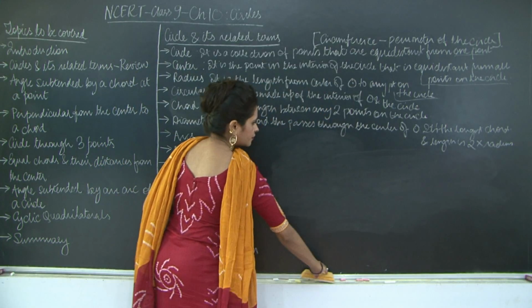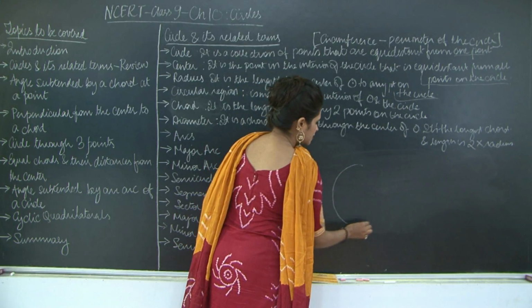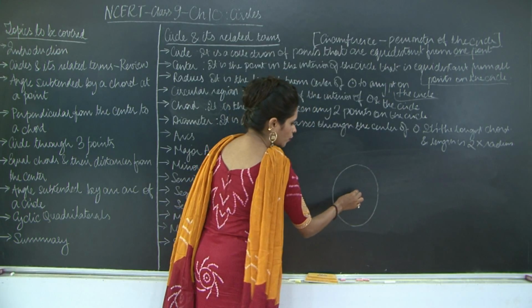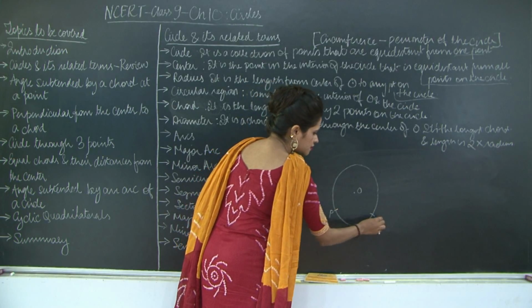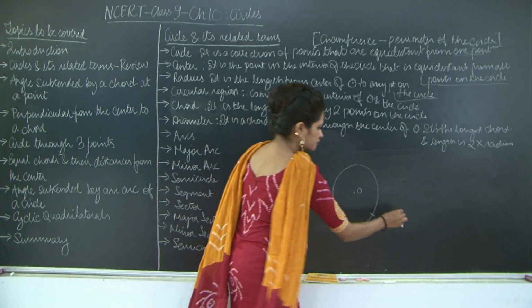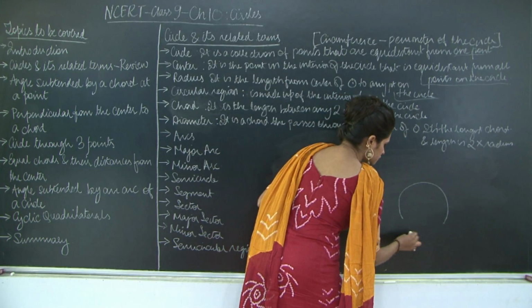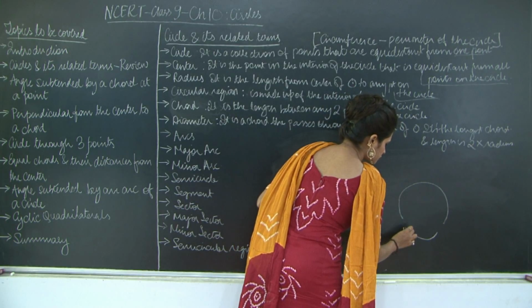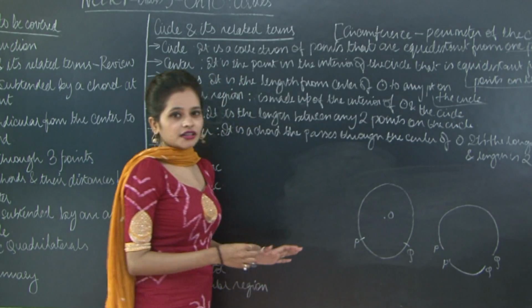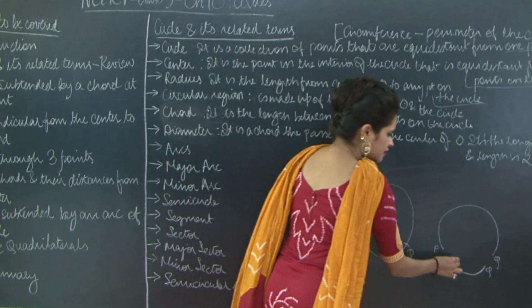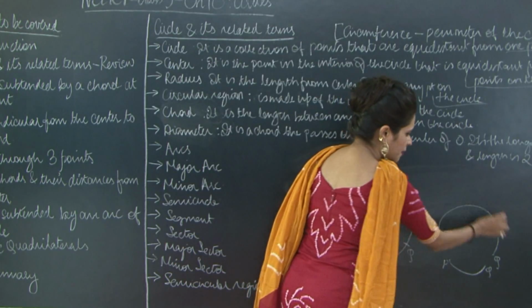So now if I have a circle with center O and I take any 2 points P, Q on the circle and I cut this circle, so what did I get? I got this part of a circle and this part of a circle.